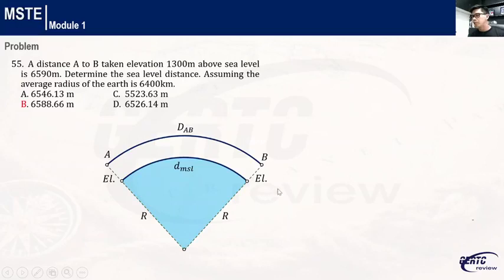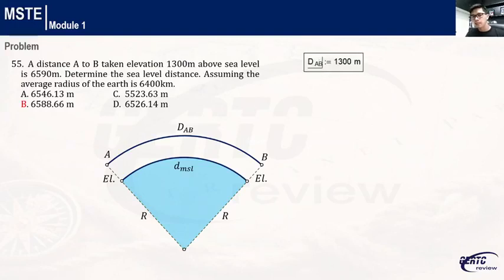So by just ratio and proportion, we can solve the value of distance of the sea level. Ito. Denoted ko siya as DMSL. No? Ratio and proportion lang yan, guys. No? So we have here given the elevation, tawagin ko na lang siyang EL, equivalent to 1,300 meters. And the distance pala. That is the distance.